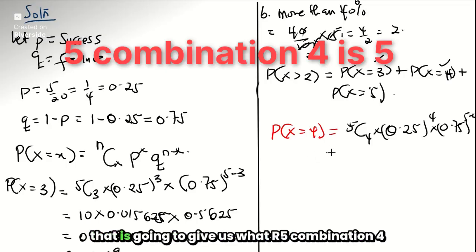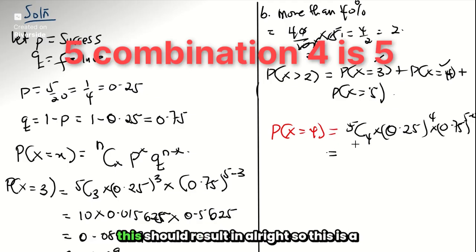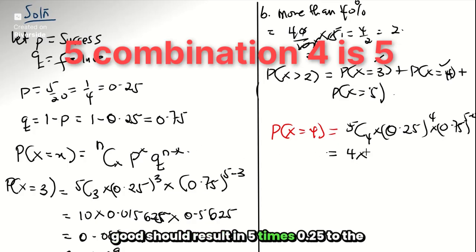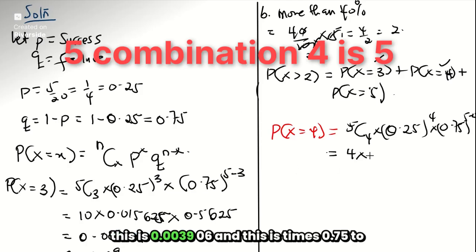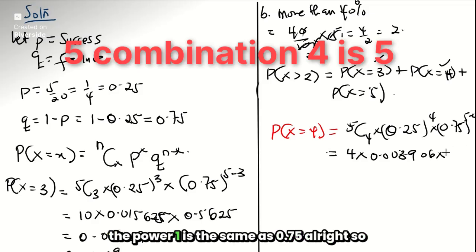This results in 5 times 0.25 to the power 4, which is 0.00390625, times 0.75 to the power 1, which is 0.75.